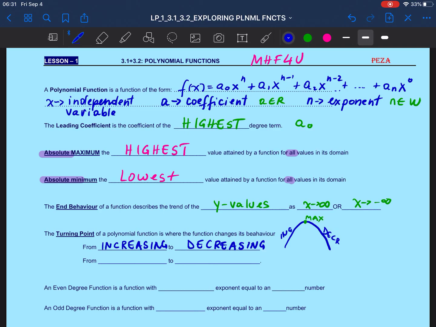A turning point can also occur, as we mentioned before, when the function changes the behavior from decreasing to increasing.